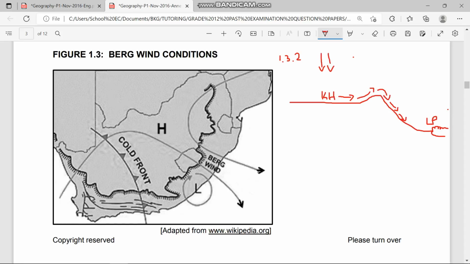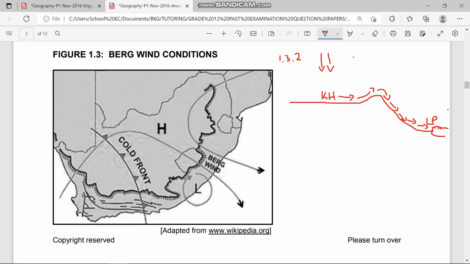And when it goes down, it heats up adiabatically when there is a decrease in altitude. It heats again, until it reaches the coastal low pressure on the coast.